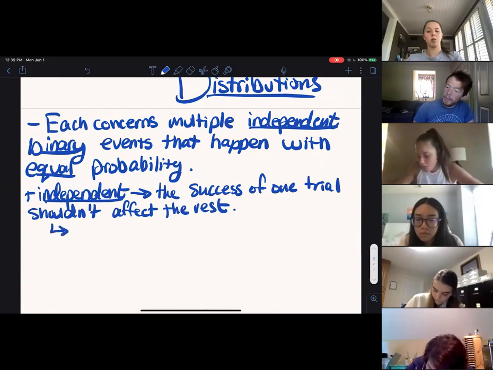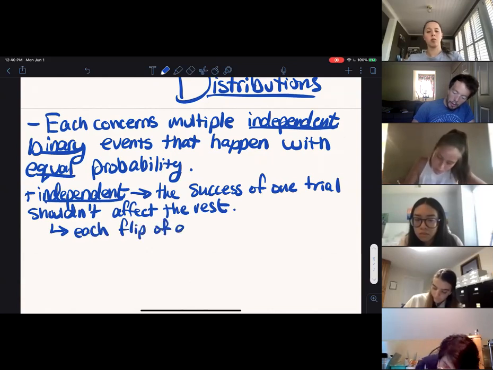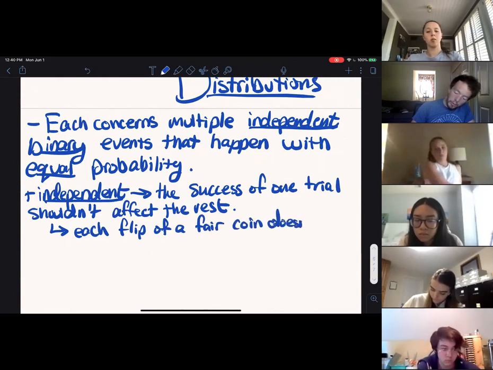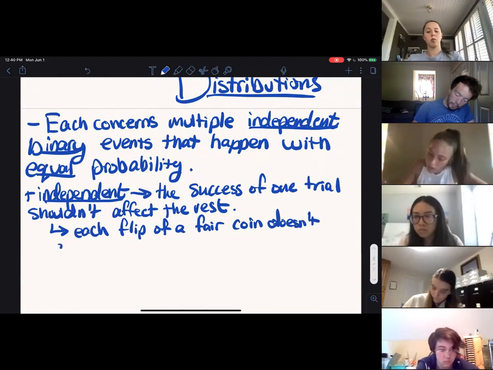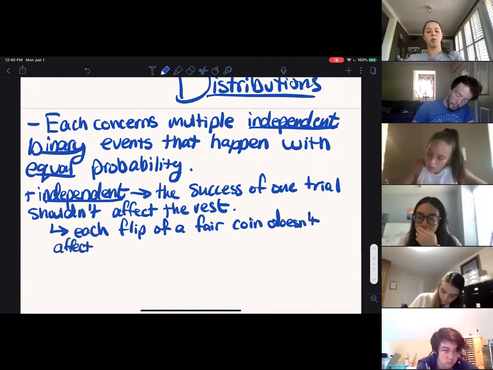An example of this is each flip of a fair coin doesn't affect the outcome of other flips.